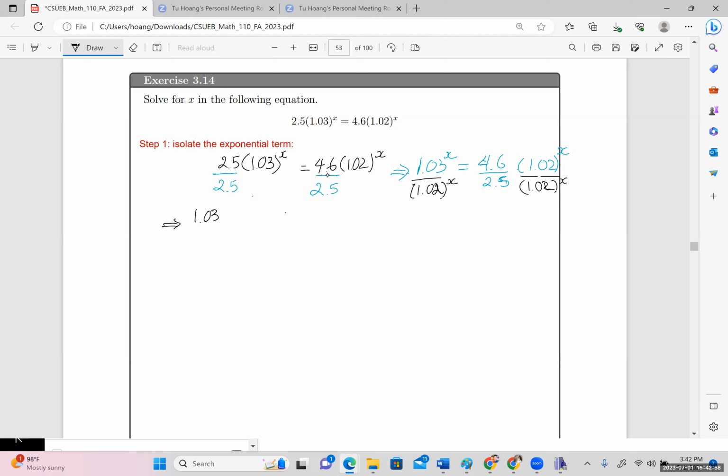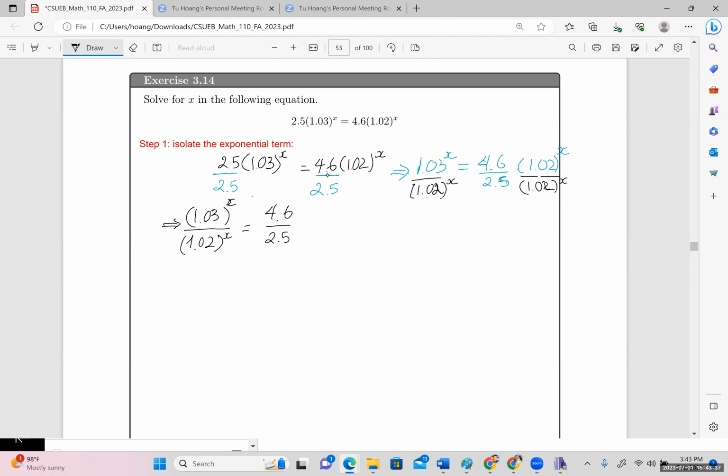The left now becomes 1.03 to the x divided by 1.02 to the x, equal to 4.6 divided by 2.5.